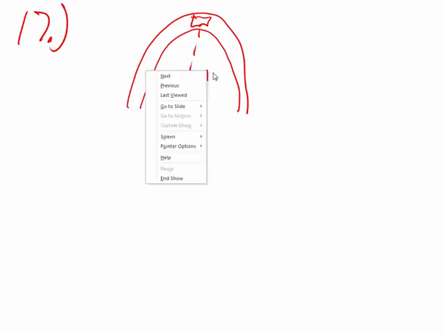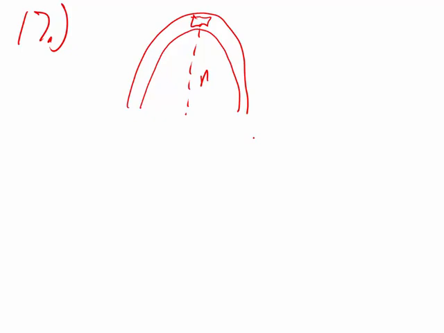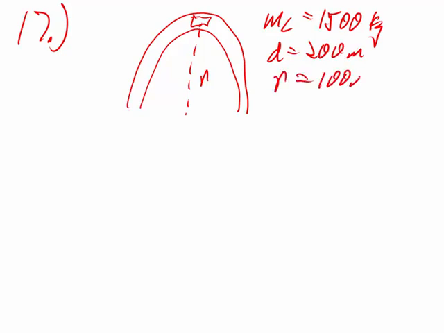And it says that the mass of the car is 1,500 kilograms, and it drives around a 200-meter diameter circular track. So if the diameter is 200 meters, then the radius is 100 meters, and that's what we need right there.